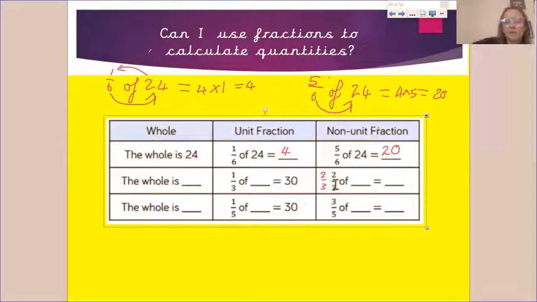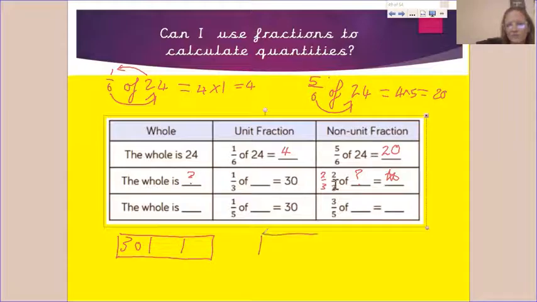So this one says that 1/3 of a number is 30. So think about if you've got a number like this and it's in thirds, 1/3 is going to be 30. So what is the whole number going to be? Okay, and then once you've worked out what the whole number is, that will help you work out what 2/3 of that number is. And the same can be said for this one.